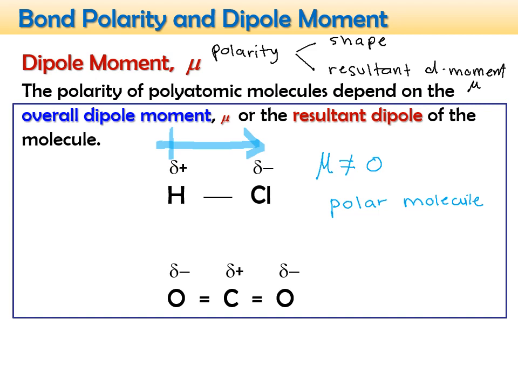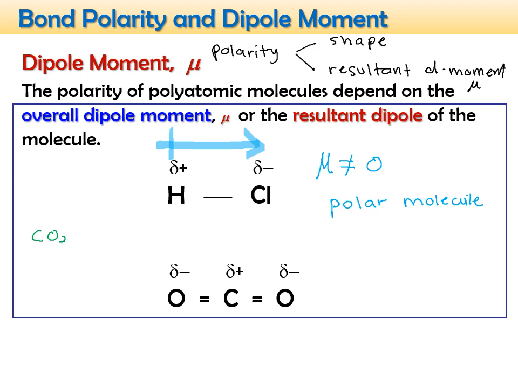Next, let's have a look at the second example, CO2. First thing first, you need to follow all the steps. Normally the question will ask you to determine the polarity of CO2. From here, you need to come up with the correct Lewis structure and the correct molecular shape, and then you will come to this structure. Don't forget to determine the partial charges.